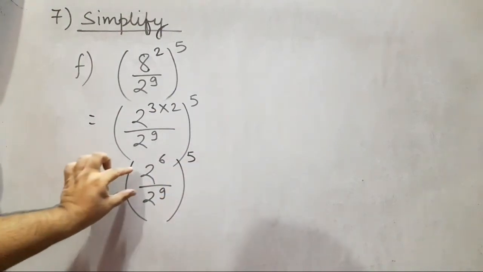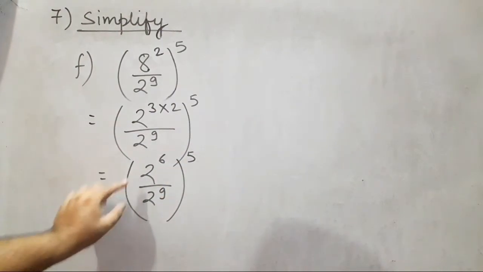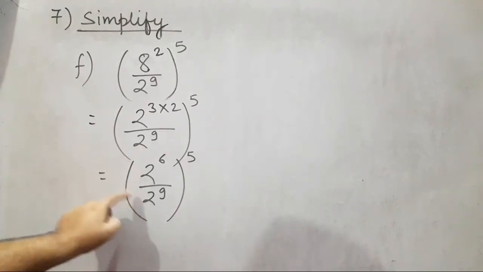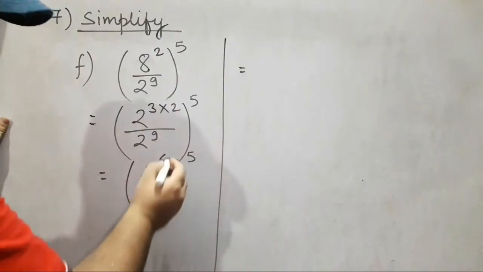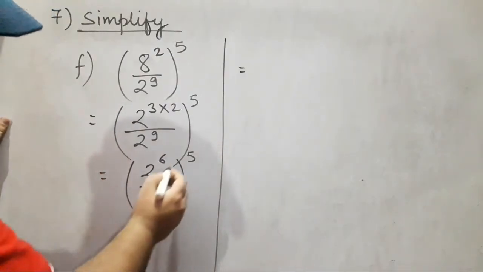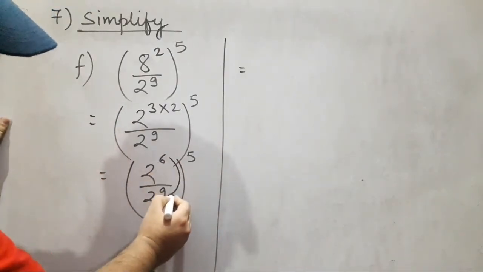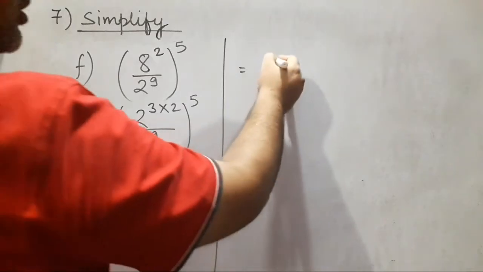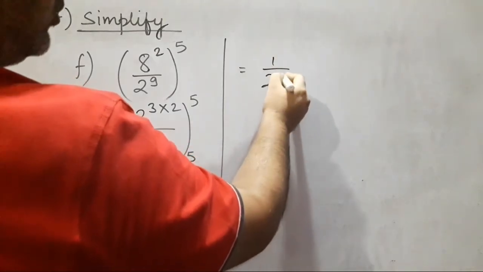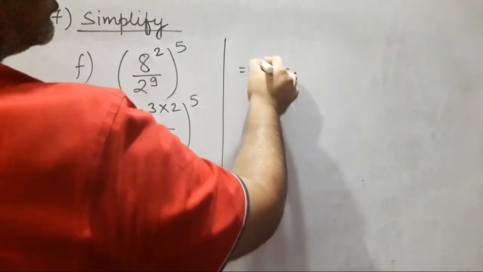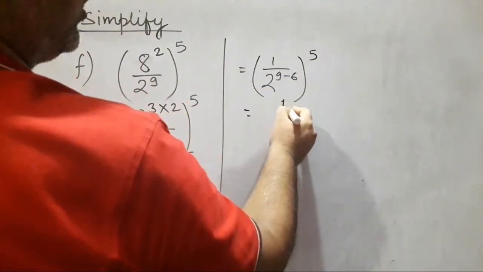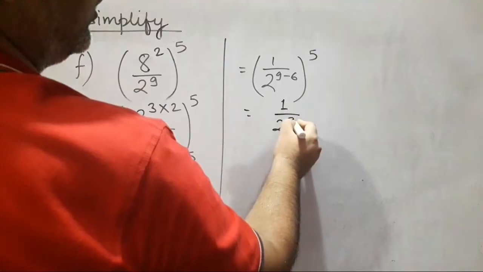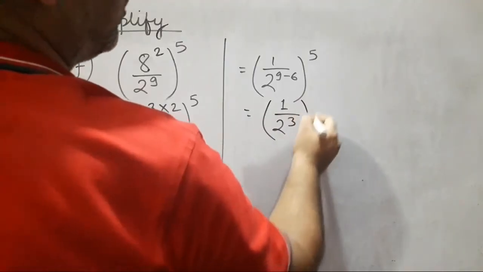Now we can follow here the quotient law of indices. Since there are same bases, according to the quotient law of indices, the smaller power shall be subtracted from the greater power. So we shall write it as 1 by 2 power 9 minus 6 bracket power 5, 1 by 2 power 3 bracket power 5.